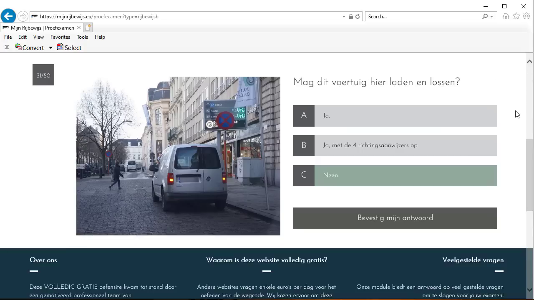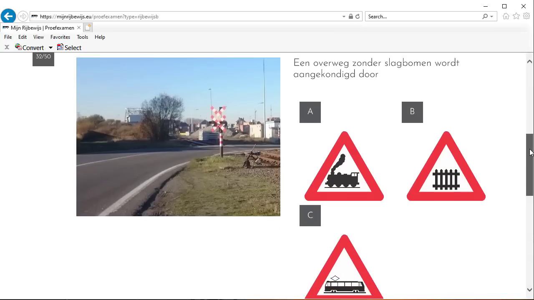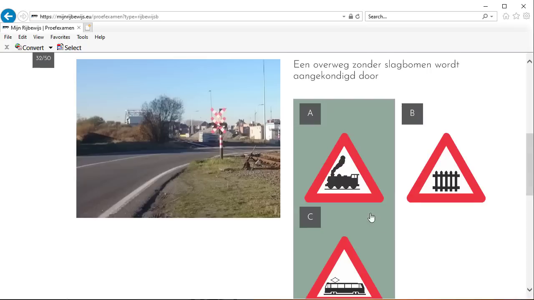A level crossing without gates is indicated by, so we have 3 boards here. Which one of these indicates a level crossing without gates? The right answer is this board with a train with an engine without any gates. That's what indicates a level crossing without any gates.